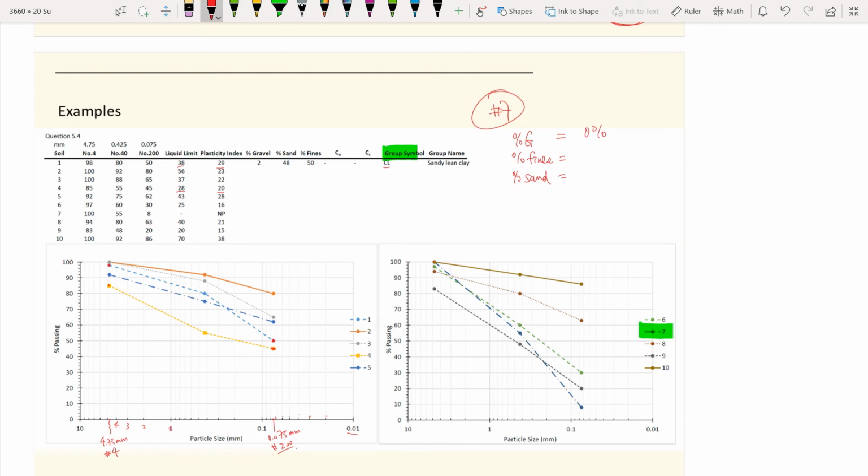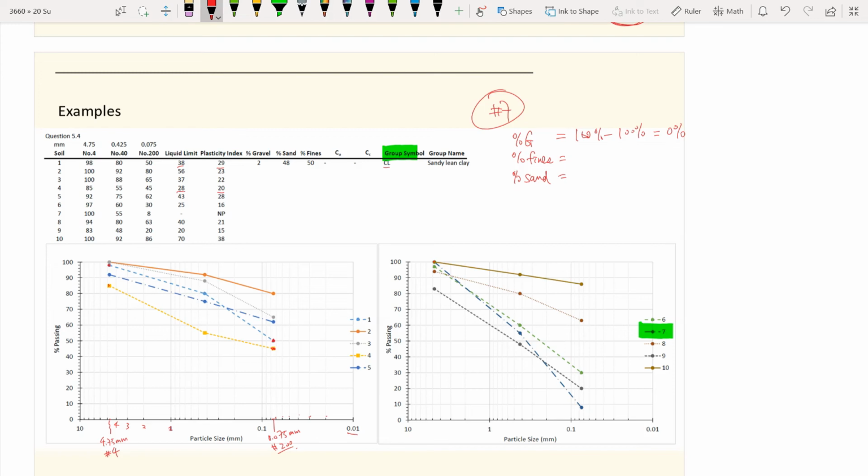I skipped some steps there, so let's not skip the steps. Percent gravel equals 100% minus the percent passing number 4. And percent passing number 4 here is 100%. So 100% minus 100%, we have 0%.